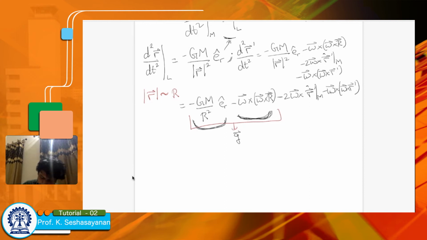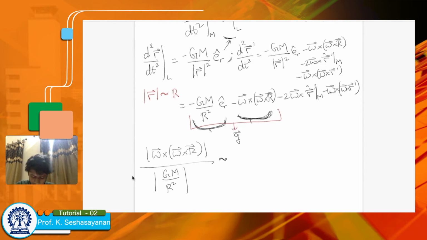So we'll do a small digression and ask how big this term is compared to this term. Let's do that here just to get an idea of what it is that we are supposed to measure when we measure the acceleration due to gravity. For what follows, I will do what is known as an order of magnitude analysis.